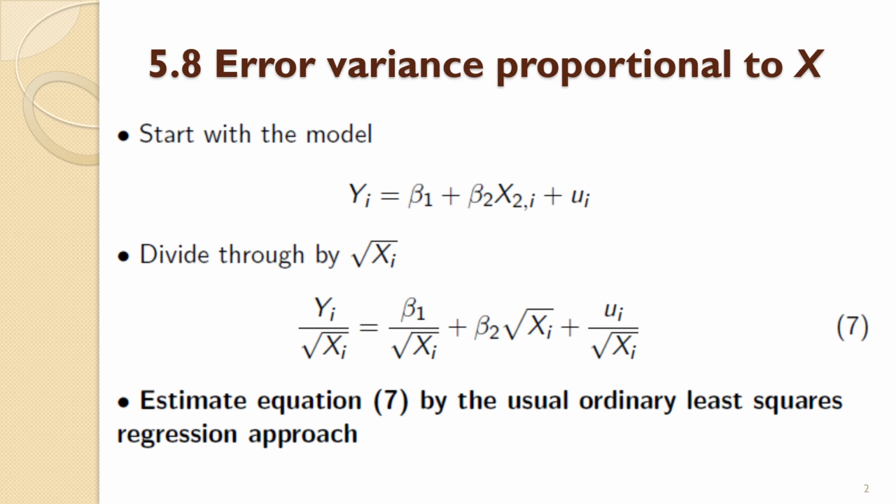So what you have in this case is a regression equation with the ui over square root xi term. So you can estimate this by ordinary least squares, but what you would have to do in this case is estimate it without an intercept term. So that's quite an unusual regression model to consider, and as part of this I think this does reinforce that this is primarily of theoretical rather than practical importance.